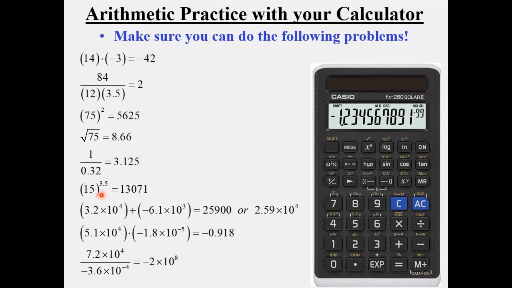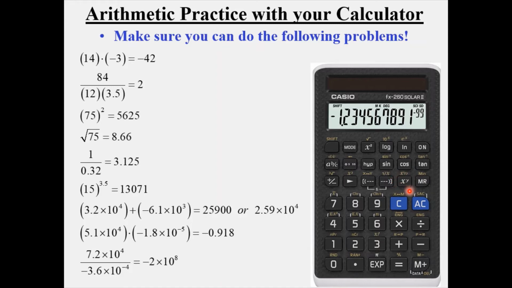Another one that you're going to need to use is the power button. So if you want to do 15 to the 3.5 power, this is the correct answer, by the way, make sure you can do this on your calculator. On this calculator, that is done with the x raised to the y power button.